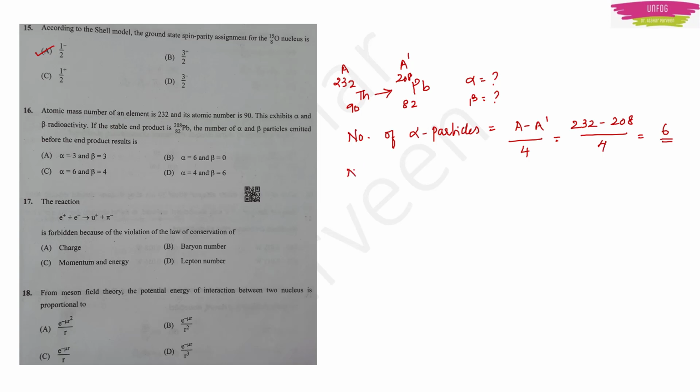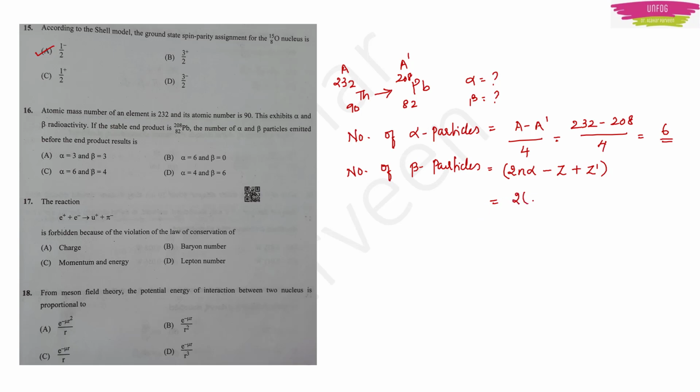Now for number of beta particles. How many beta particles will be liberated means 2 times number of alpha particles minus original atomic number plus end product atomic number. This is the formula to find the number of beta particles.